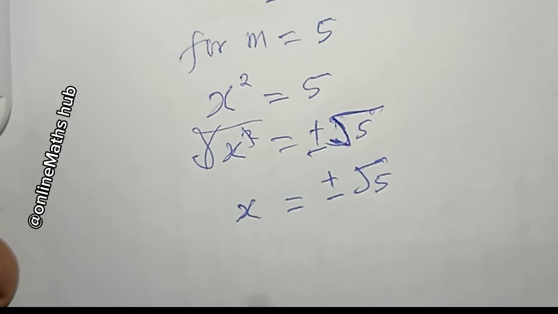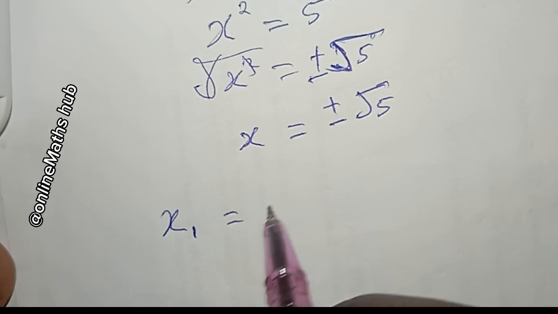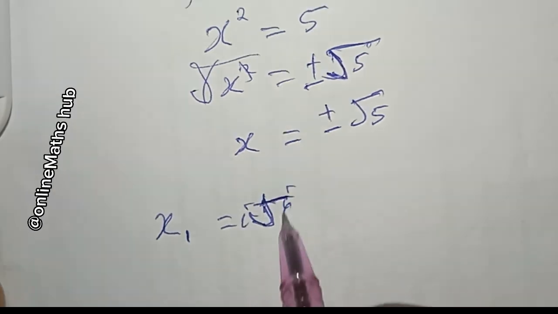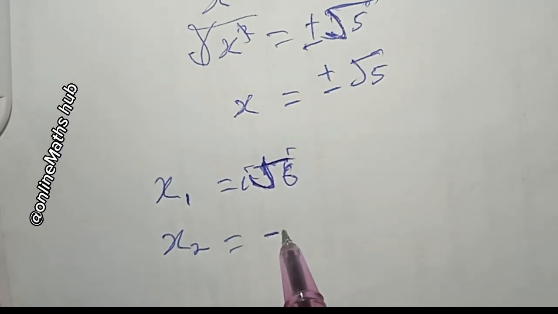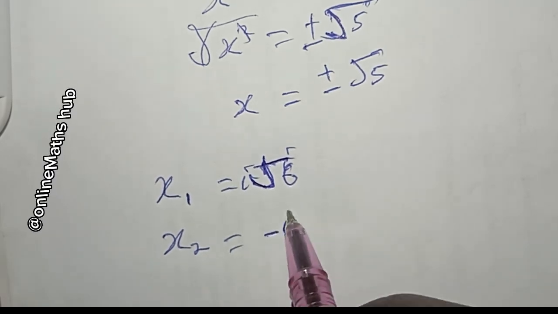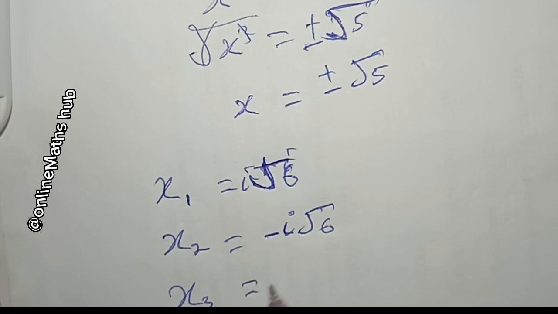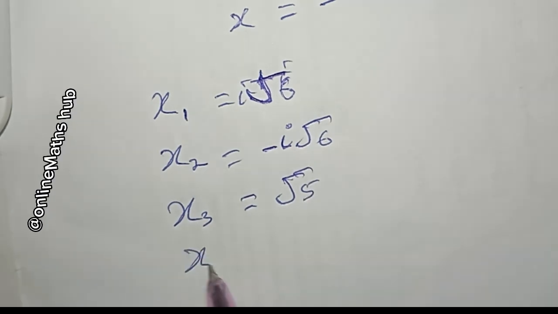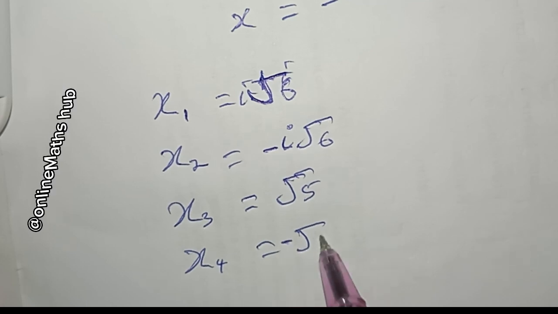So we get the four values of x. Let's say x1 is equal to i root 6, x2 is equal to minus i root 6, x3 is equal to root 5, and the fourth value of x is equal to negative root 5.